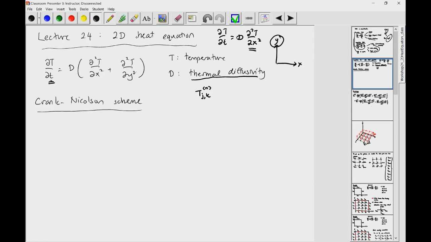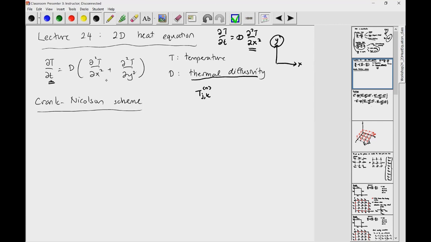So if this is the two-dimensional heat equation, what we want to cover is the Crank-Nicolson scheme, although you are also expected to know how to solve it using the FTCS or even BTCS scheme. But as you will see, they are all very similar. If you understand Crank-Nicolson, you should be able to understand BTCS. FTCS is in fact more straightforward because everything is known from the current step to solve one unknown for the next step.